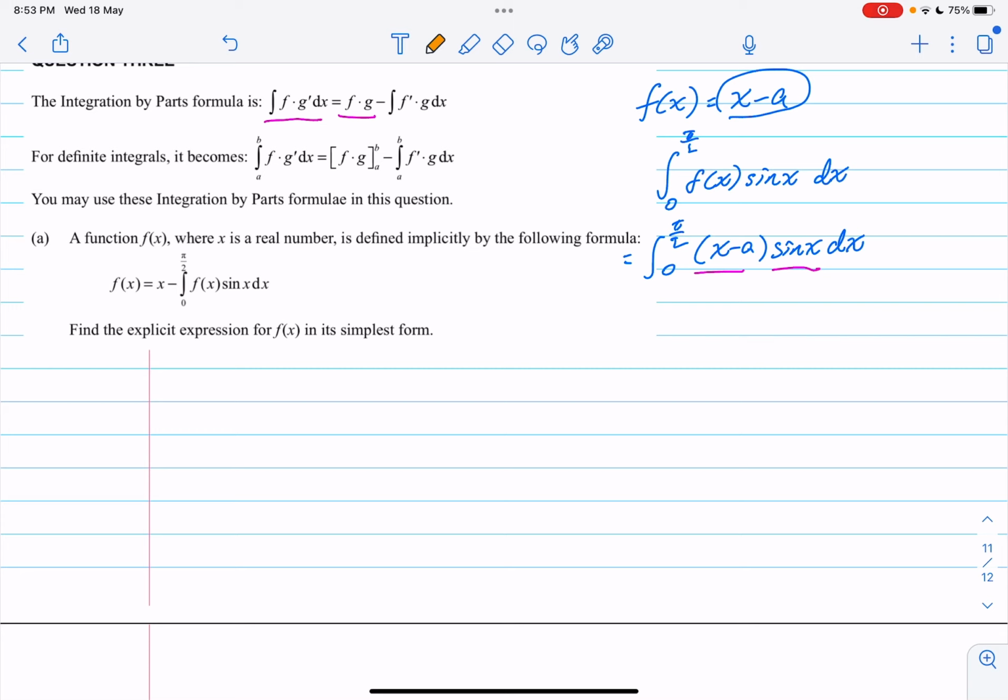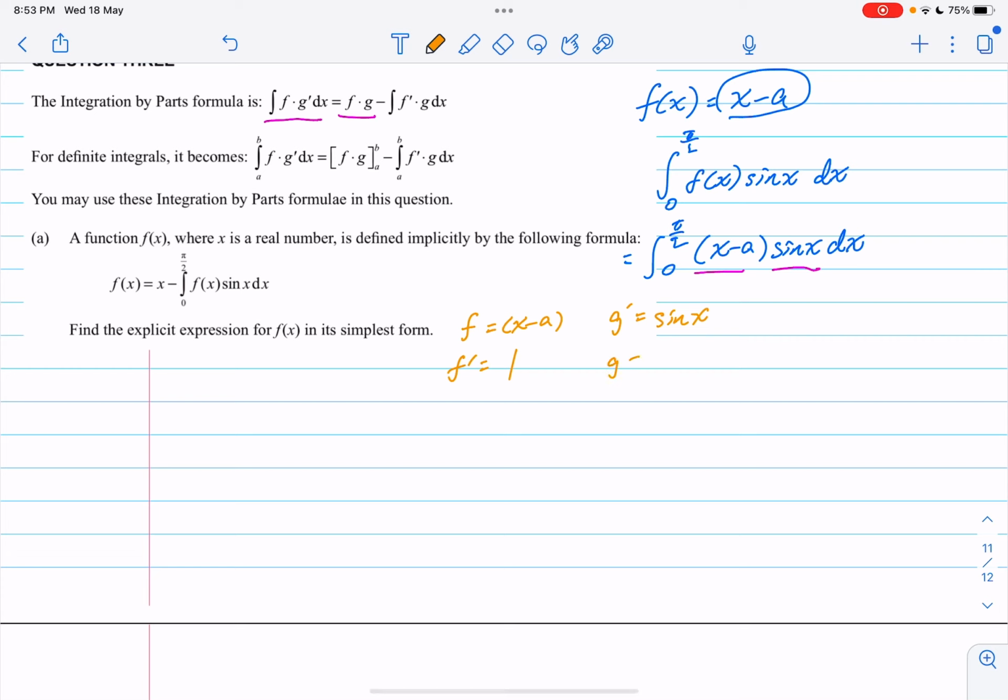In this case, I'm just going to say g dash is sin x, and f is x minus a. Right, so then f dash is going to be 1, because that's the derivative of f.